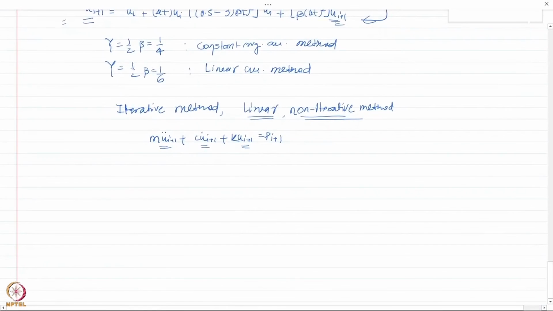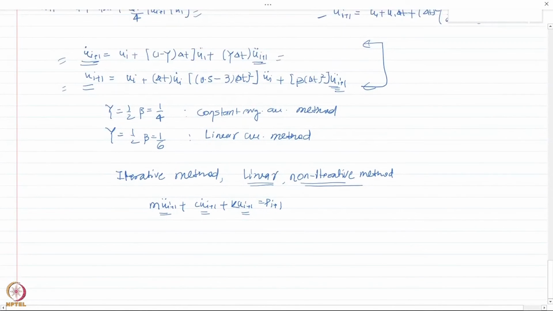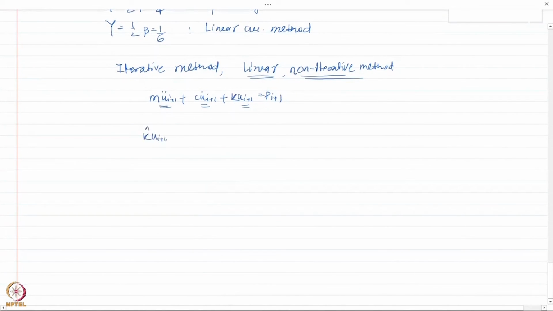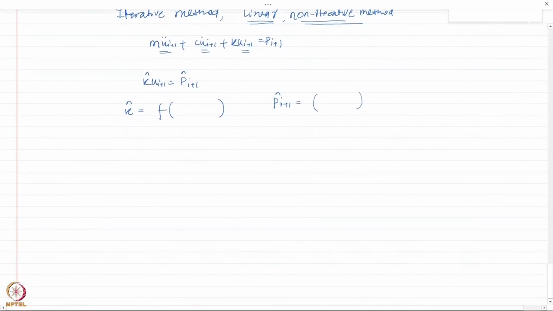When we substitute it and eliminate ui plus 1 double dot, the acceleration at the current step, then I can write down my expression again in a similar form to that obtained for the central difference method. So for the Newmark method, I also get an expression like this, where k is some function of system parameters and pi plus 1 is an expression of known parameters from the previous steps. So through this we can calculate ui plus 1.